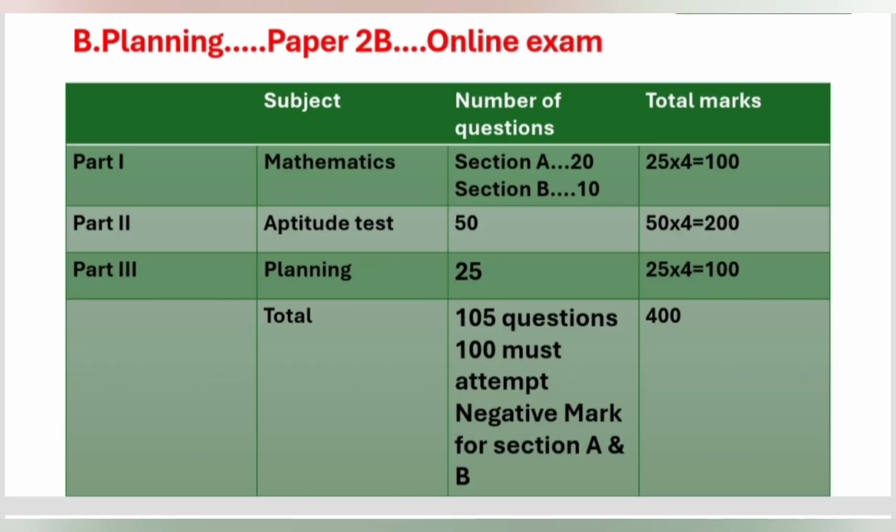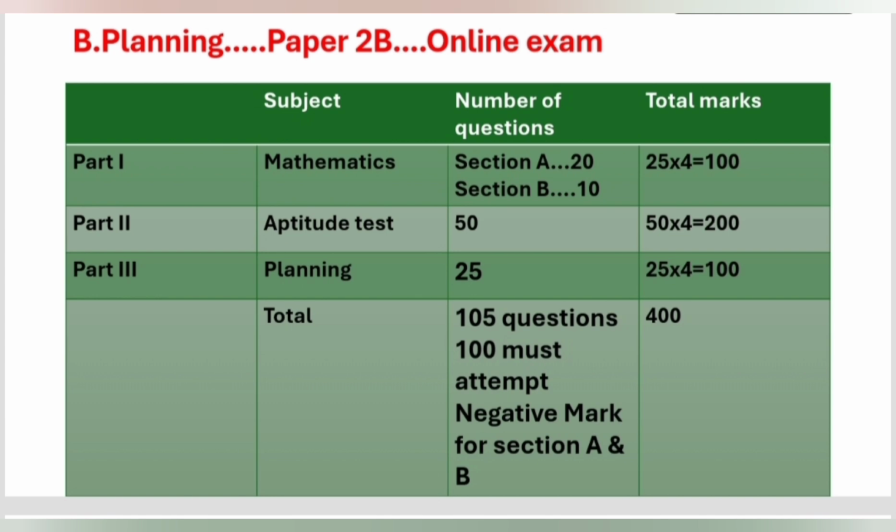Next, B Planning, Paper 2B, an online exam. Here also, as usual, 3 parts will be there. Part 1 is mathematics. Mathematics again has 2 sections, Section A and Section B. In Section A, 20 questions will be asked, and in Section B, 10 questions will be asked. You have to attempt all 20 compulsory, and out of 10, any 5. So totally 25 questions you have to attempt, 25 into 4, 100 marks.